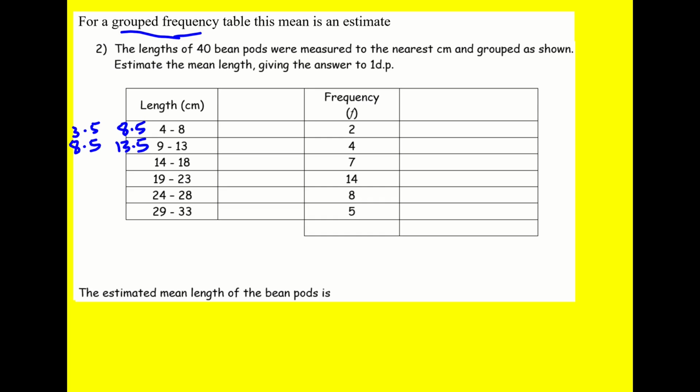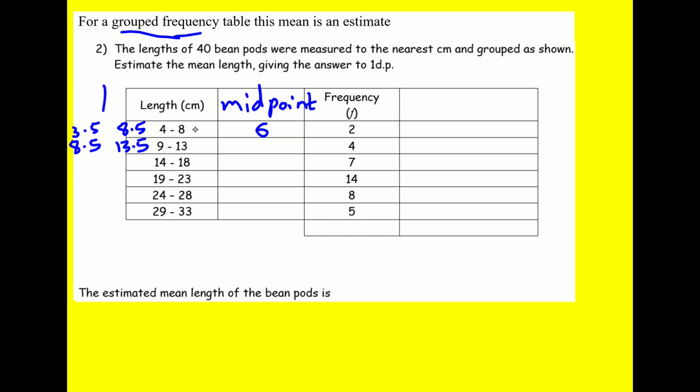We don't know, but the assumption we make is that they are evenly spread, and therefore we use the midpoint to represent the group. And the midpoint in this case, if I say 4 to 8 or 3.5 to 8.5, is actually 6, because 6 is 2.5 away from 3.5 and 2.5 away from 8.5.